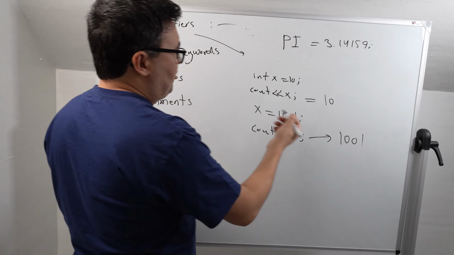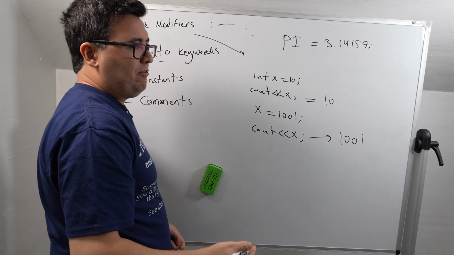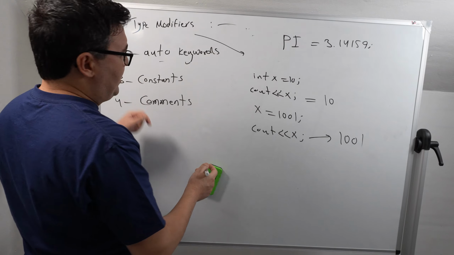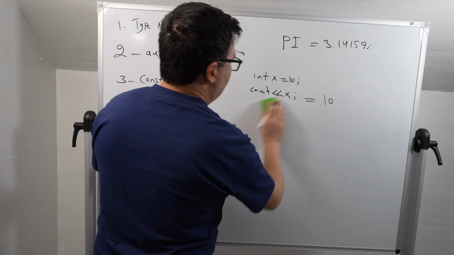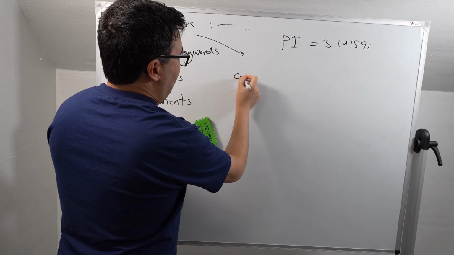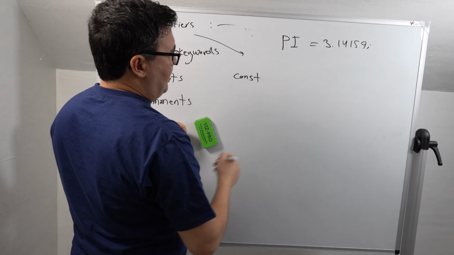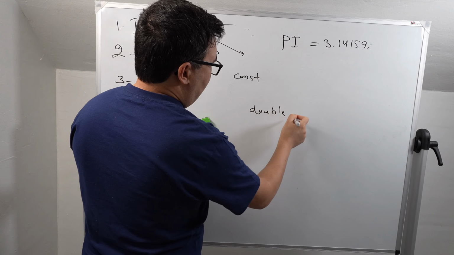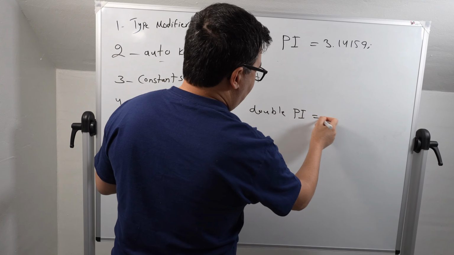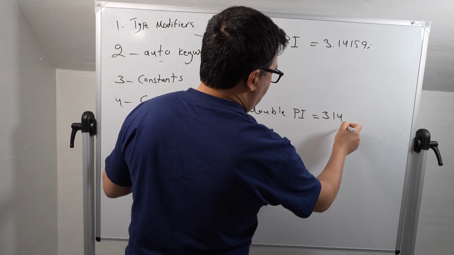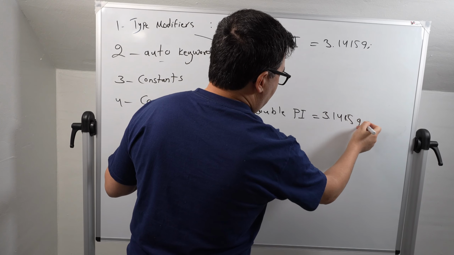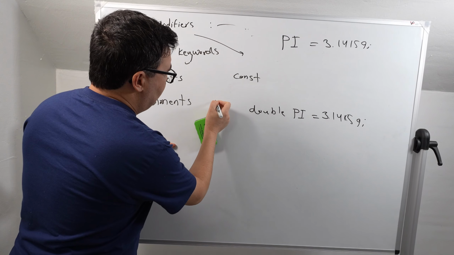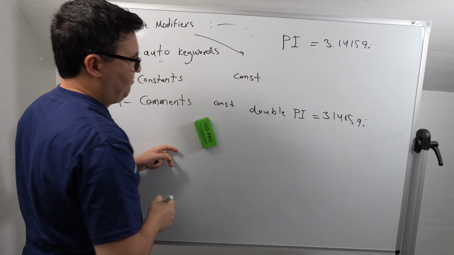Now if we want to define a constant, a variable whose value should not be changed during the program, we use the keyword const in C++. Like if I want to have const double pi is equal to 3.14159, and this value should not be changed during the program, I put the const keyword here.